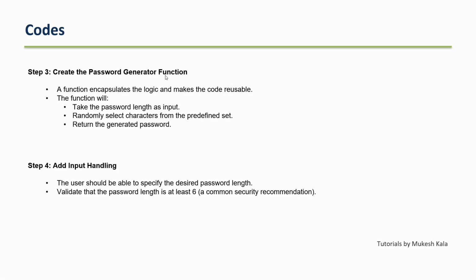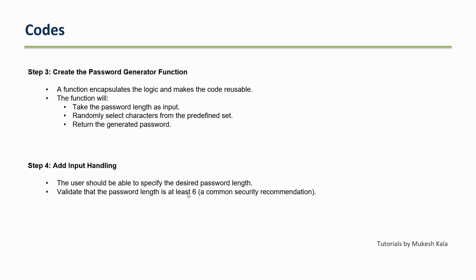Let's do something extra. In the slide I have mentioned that the password length should be at least 6 characters. Let's say there is a security recommendation which says you should have at least a 6-digit password. So if the user provides any number less than 6, we are going to raise an exception saying that the length should be greater than 6.